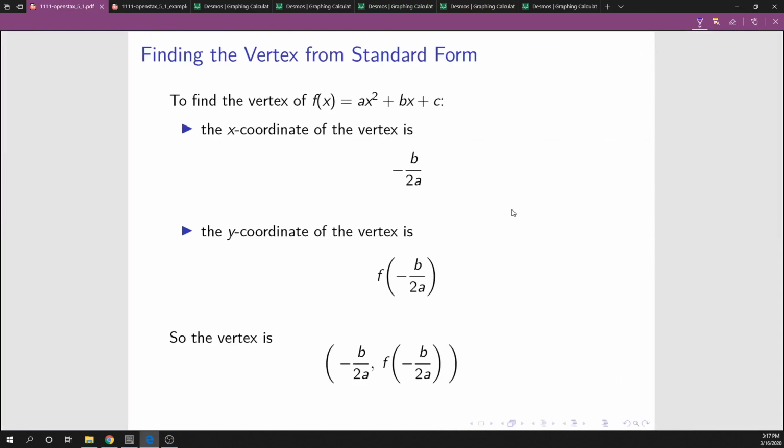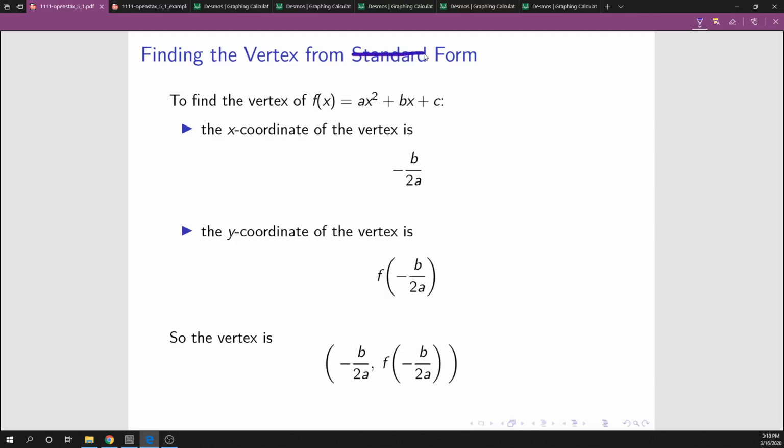Finding the vertex, the x-coordinate of the vertex is going to be minus b over 2a. If you have the function in general form, this should say general form here.